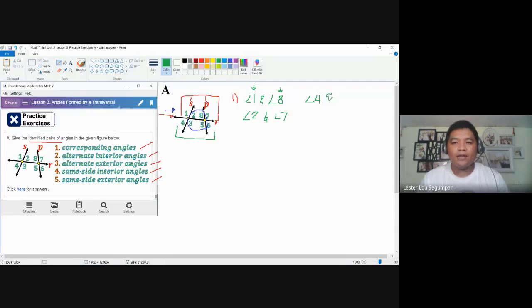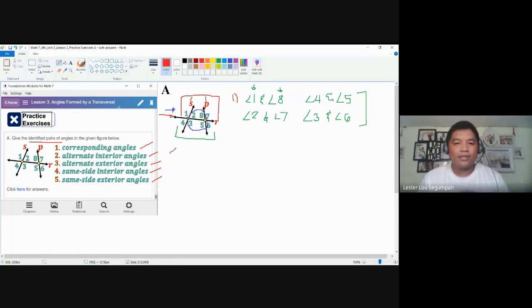So that should be angle 5. As for angle 3, its pair is angle 6. So given that we have 8 angles formed in this figure, we have 4 pairs of corresponding angles. That is how we answer item number 1.